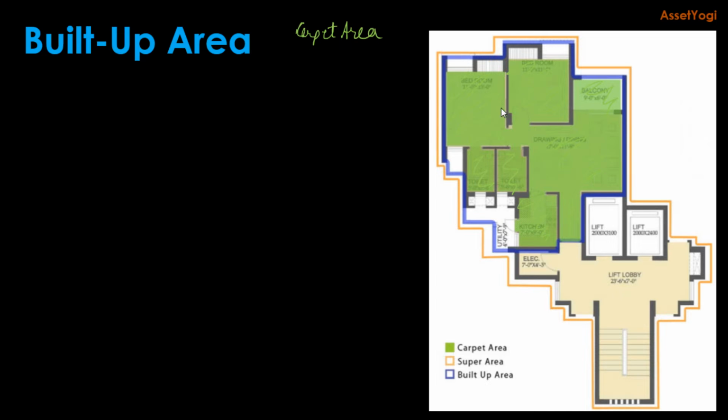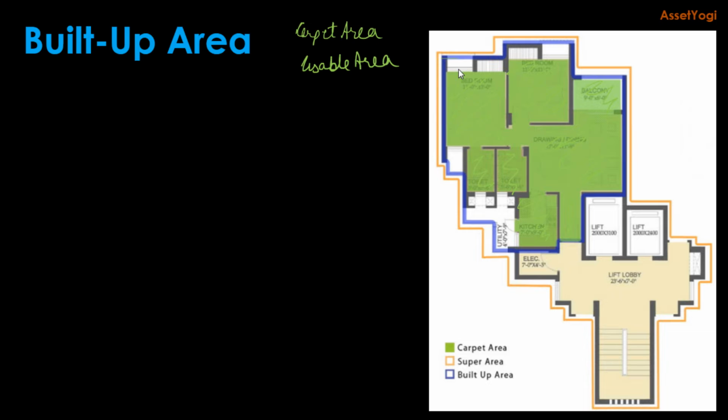So all this area marked in green is the actual usable area where you can lay the carpet. So carpet area is the actual usable area that you get in a house or any other property. Basically, carpet area does not include any of the walls, whether external or internal. For example, these external walls and these internal walls, all these walls are not included in the carpet area.